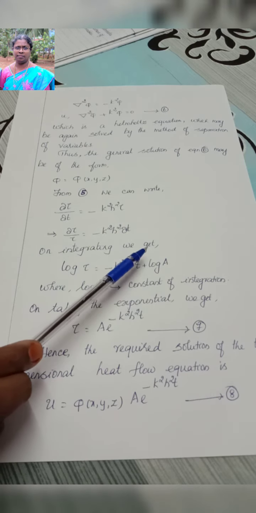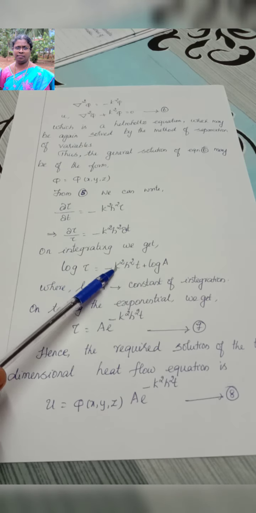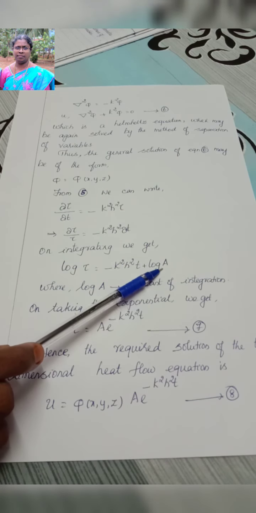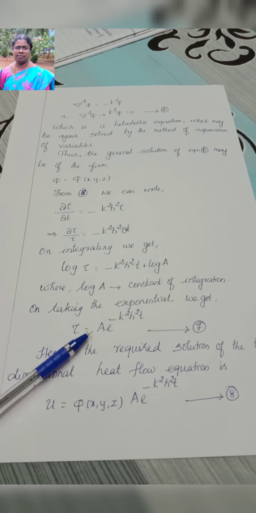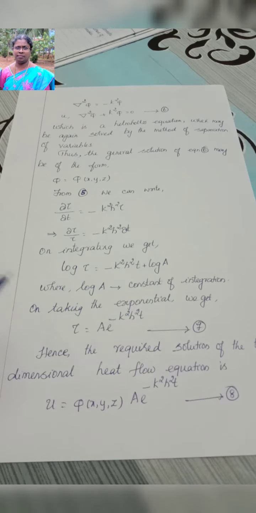On integrating both sides, we get log tau is equal to minus k square h square t plus log a, where log a is the constant of integration. On taking the exponential, we get tau is equal to a e power minus k square h square t, that is equation number 7, which is nothing but the solution of the time variable.